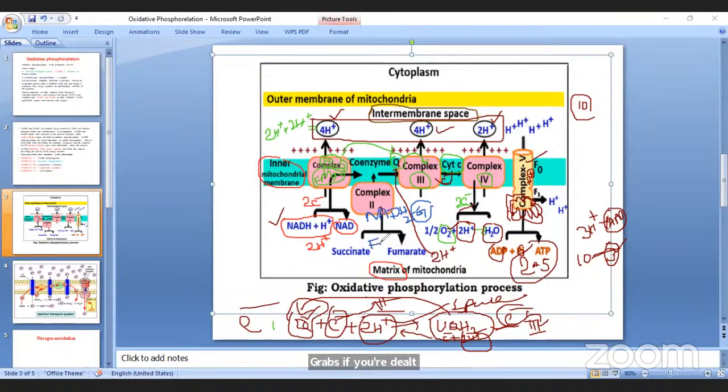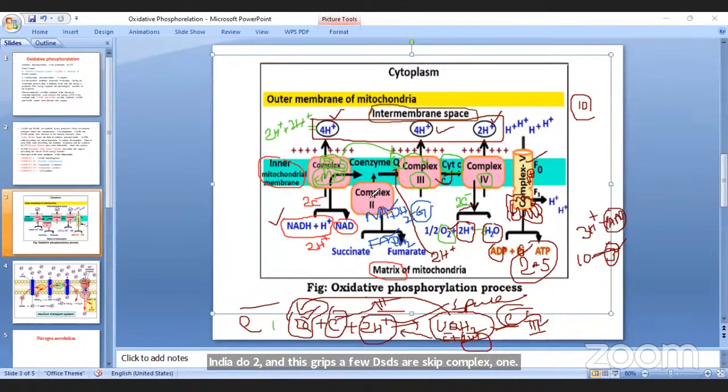Yes, sir. Krebs FADH2. Oxidation starts with complex 2, rather than complex 1. Remember. Okay, sir. So directly skip complex 1. Glycolysis NADH2 and Krebs FADH2 both skip complex 1.